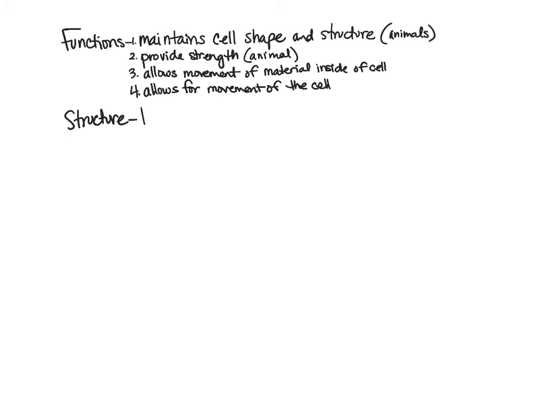So when we look at the structure, then, of the cytoskeleton, we have different types of filaments. So they are long filaments of protein. And there are 3 types. So the first type that we are going to look at are the microtubules. And the microtubules, these are long, really thick filaments.